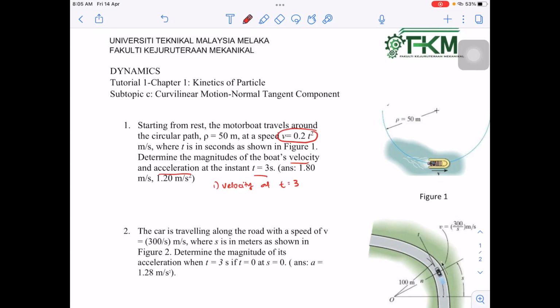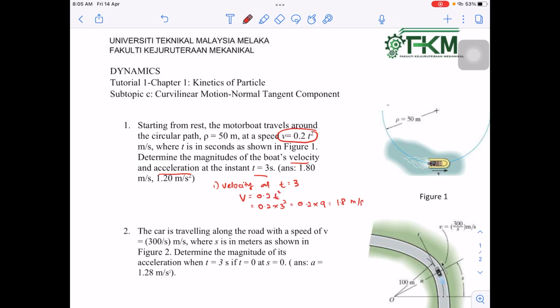You just substitute t equals 3 into v equals 0.2 t squared, so 0.2 times 3 squared, which is 0.2 times 9. You get 1.8 meters per second.